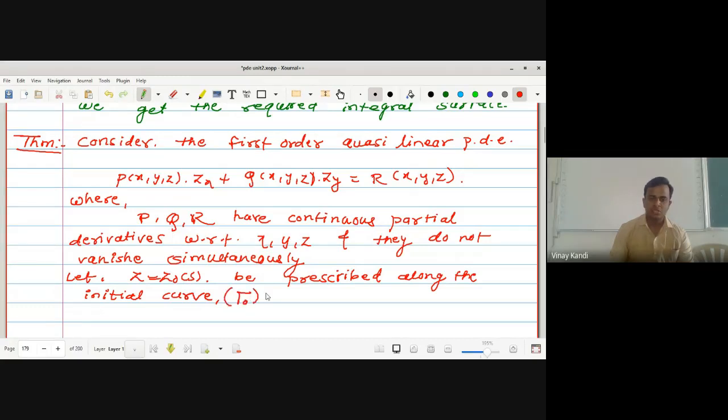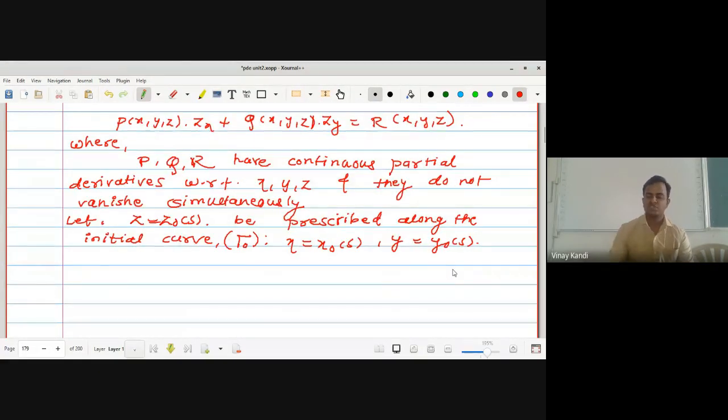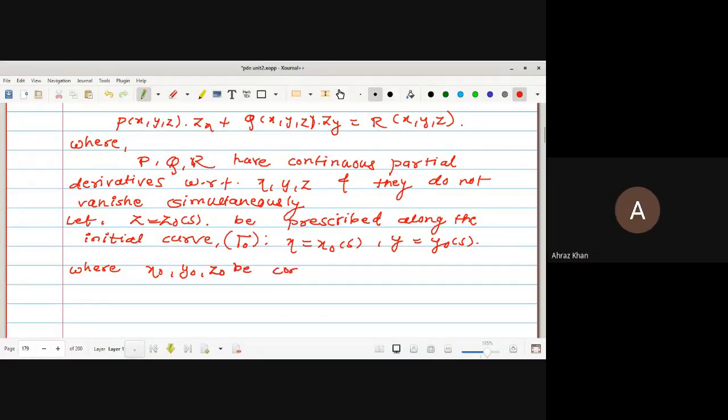This is the representation of the curve: x is equal to x naught of s, parametric equation, y is equal to y naught of s, where x naught, y naught, and z naught are continuous.